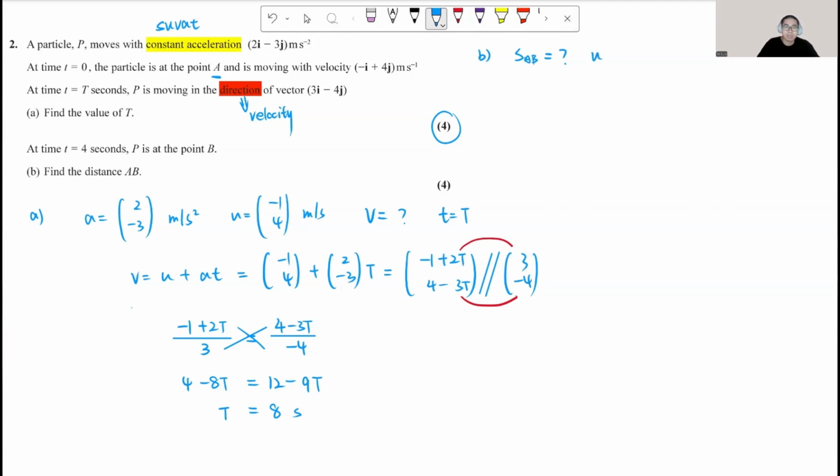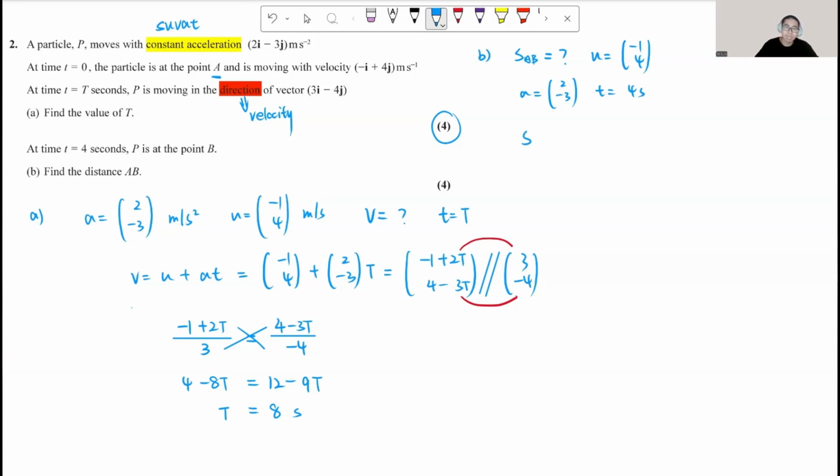So that means u is equal to -1, 4, like before. And then acceleration is 2 and then -3. So a is equal to 2 and -3. And then we know t is equal to 4 seconds, and we don't know the velocity at point B. So we know s, we know u, we know a, we know t.